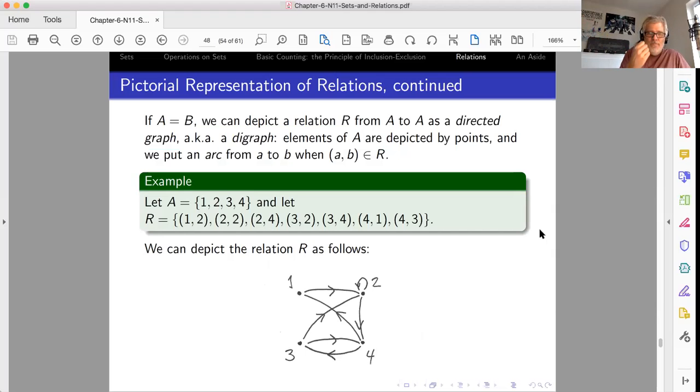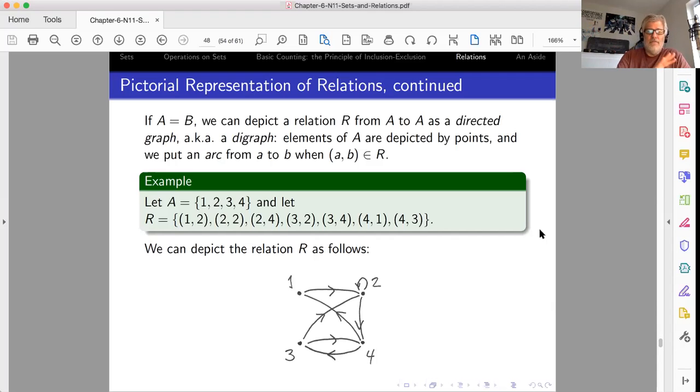Here we have a special case where the 2 sets A and B are the same. So I have a relation from a set to itself. You don't cover all possible relations this way, only special kinds, but it is a very useful way of writing down relations of this form.